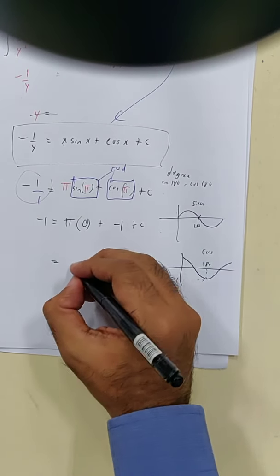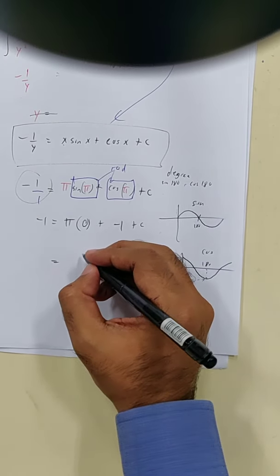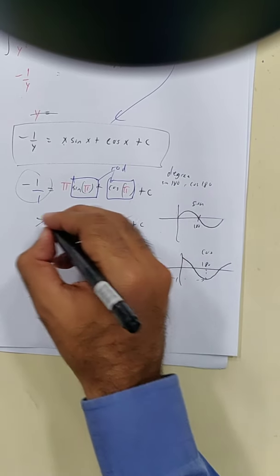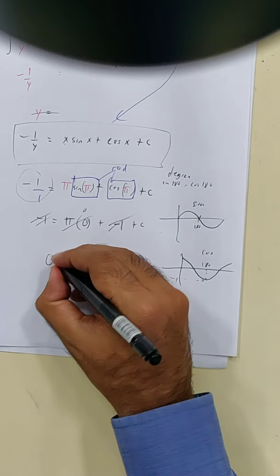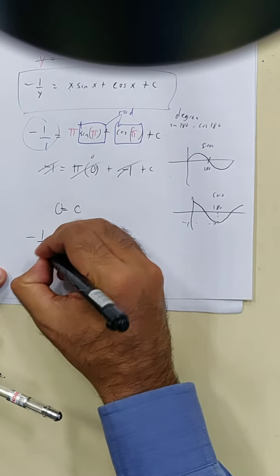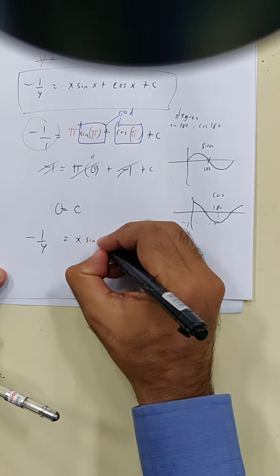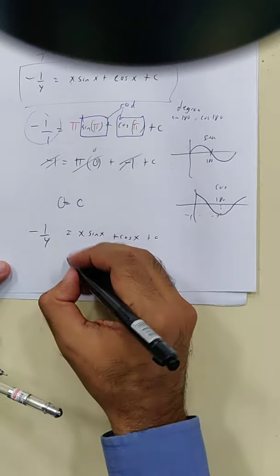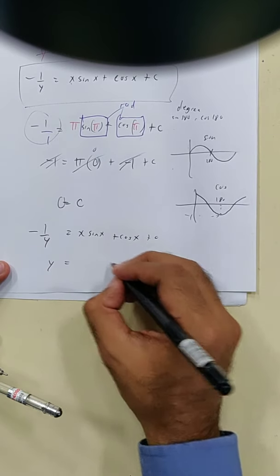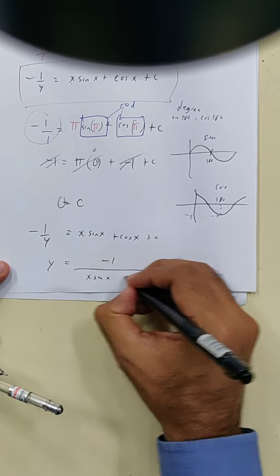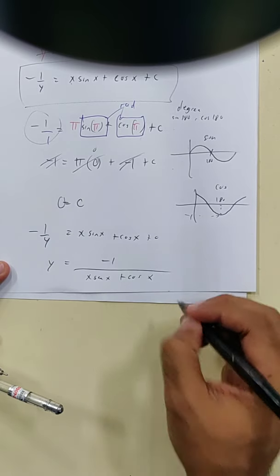So from here we got ourselves, oh, C is 0. This thing is 0, this thing is 0. So C is 0, so you got this one back. Plus 0 means nothing. So y is equal to -1 x sin x plus cos x. This is okay.